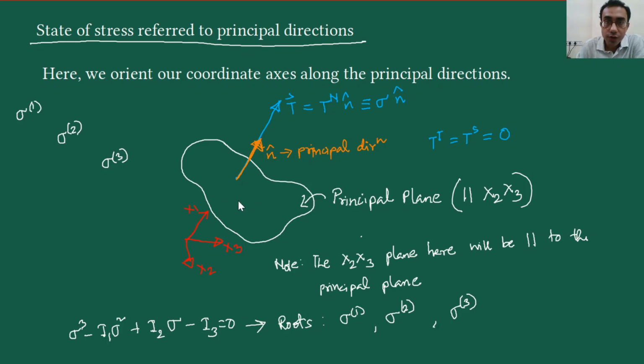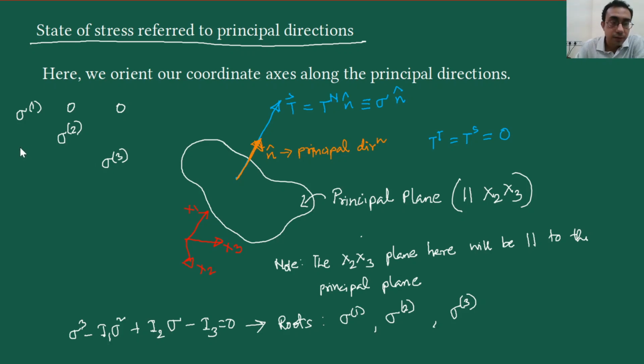That value is equal to 0. So sigma 1 2 is equal to 0. Similarly, the shear component of the stress along direction 3, sigma 1 3, is also going to be 0. Similar is the case for sigma 2 1.